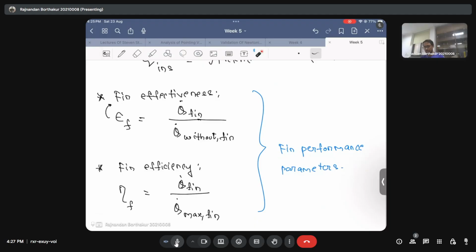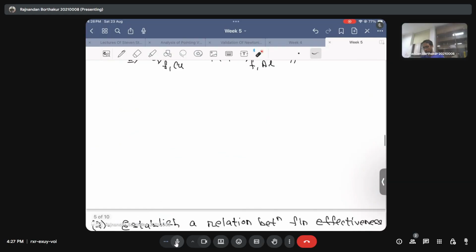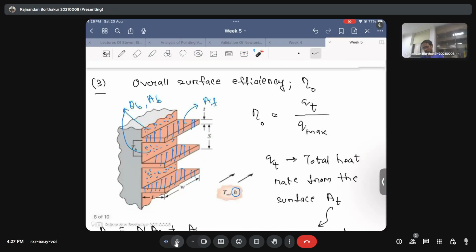And we have defined an efficiency involving this stacked fin, known as overall efficiency. And then we looked into how we calculate the overall efficiency of a fin assembly.